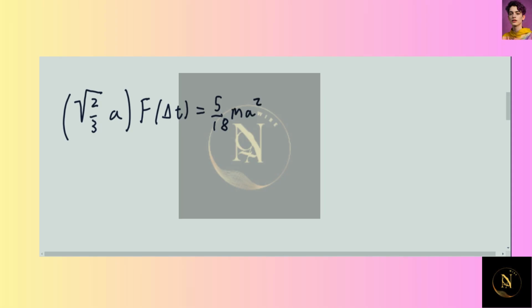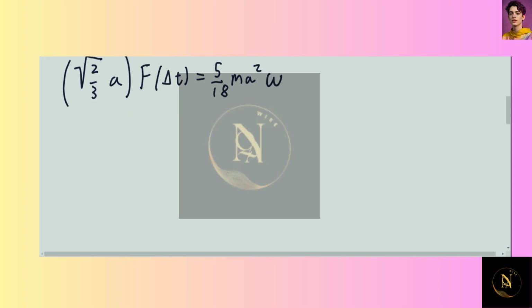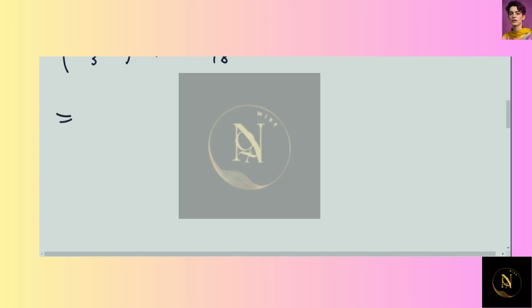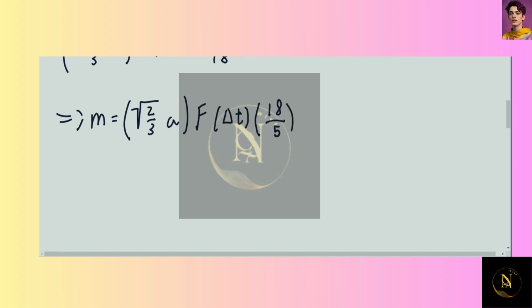Then we're going to take this equation here and solve for the value of M, which then becomes the square root of 2/3 times A times the impulse times 18/5 times 1/a² times the angular velocity.